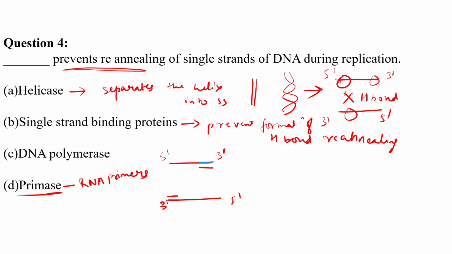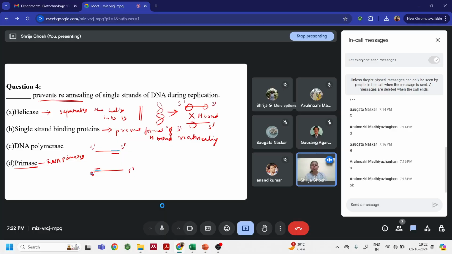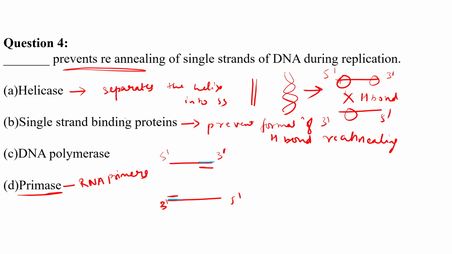And these complementary small primers will be in the 5 prime to 3 prime direction. So the complementary strand for this part will be 5 prime to 3 prime, right? And this will also be 5 prime to 3 prime. Why am I emphasizing 5 prime to 3 prime?